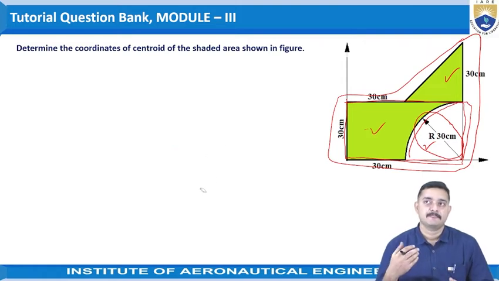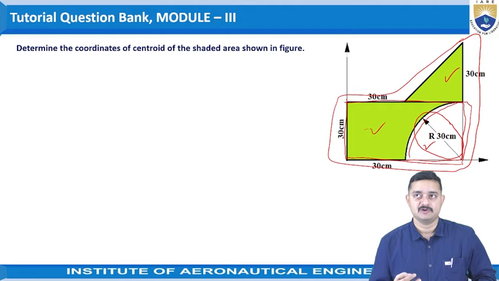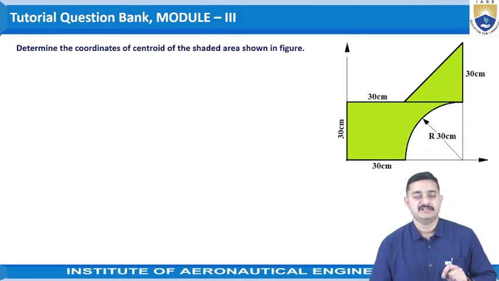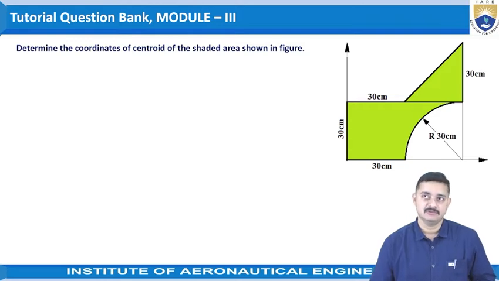Now let us go into the problem. As this is the same case as the previous problem, we start the problem and do for the solution. Now, the very first step, as we have discussed, would be taking the reference axis. So the axes are given as it is in the figure, that is, this would be the x-axis and this would be the y-axis.